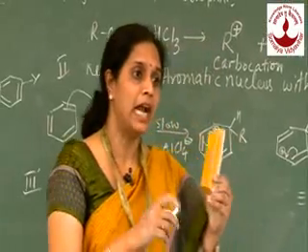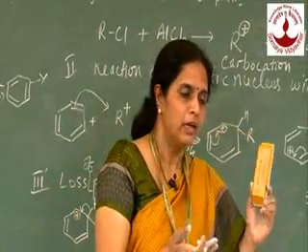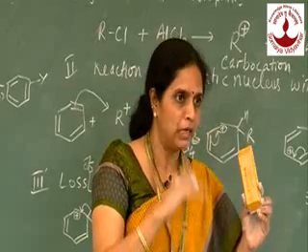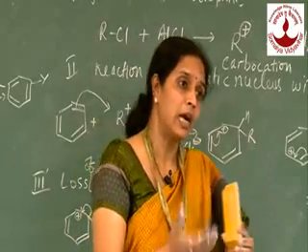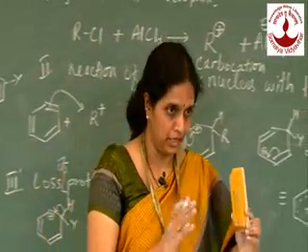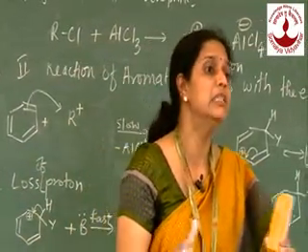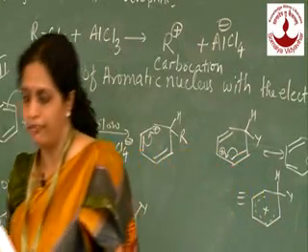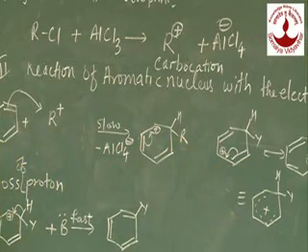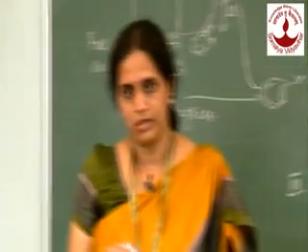Or if I react it with vinyl chloride, we do not get vinyl benzene. Okay, what is the reason? Because the carbocations formed here are highly unstable. Is it clear? So for obtaining biphenyl, you will have to use some other reaction.